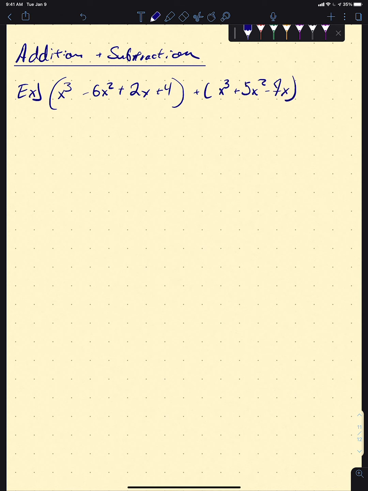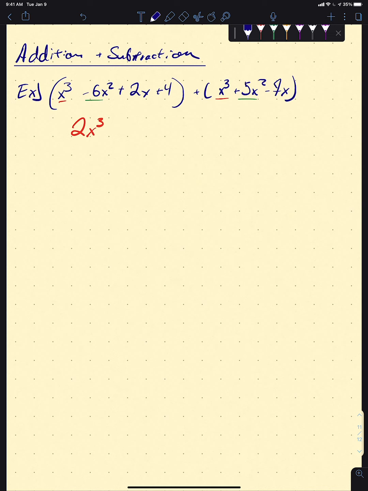Well, as I said, this is essentially just combining like terms, right? So let's first look at our x cubed terms. It looks like we have 1 plus 1. So we have two of those. We have two x cubes. X squared, it looks like we have minus 6 and plus 5.